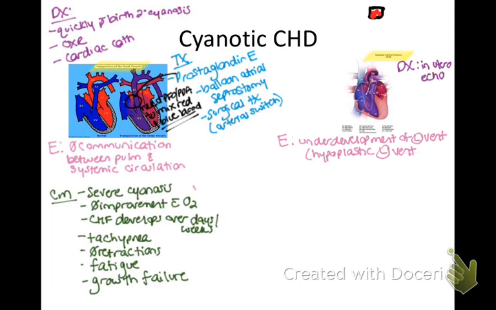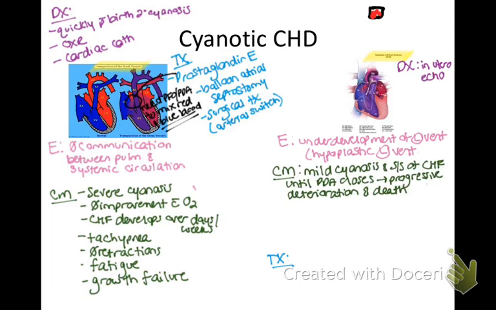It's often diagnosed in utero by echo, and these babies are sick as well. They come out, they're mildly cyanotic, right? But then they quickly develop congestive heart failure, especially when that PDA closes. They progress very fast and can even die.